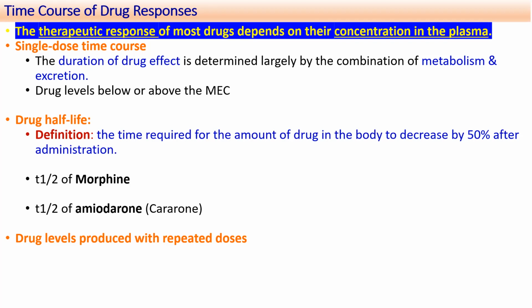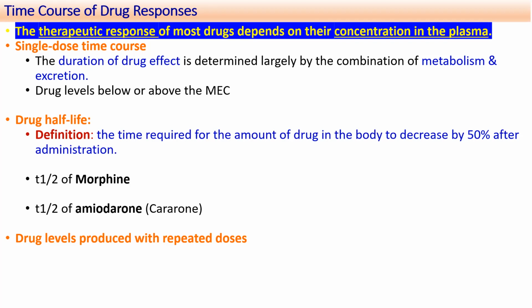Single dose time course. The duration of a drug effect is determined largely by the combination of metabolism and excretion. Drug half-life is the time required for the amount of drug in the body to decrease by 50% after being administered.